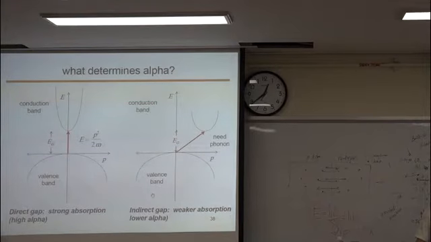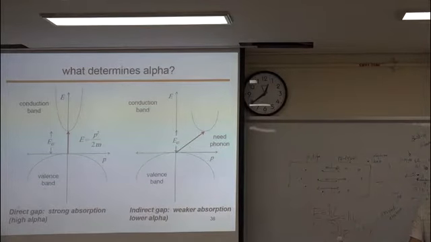Now there is a concept regarding the energy band gap. We can classify the energy band gap into two different types depending on the shape of the energy diagram. The first one is the direct band gap, and the second one is the indirect band gap.